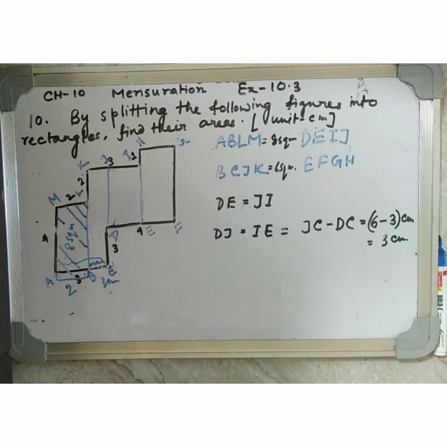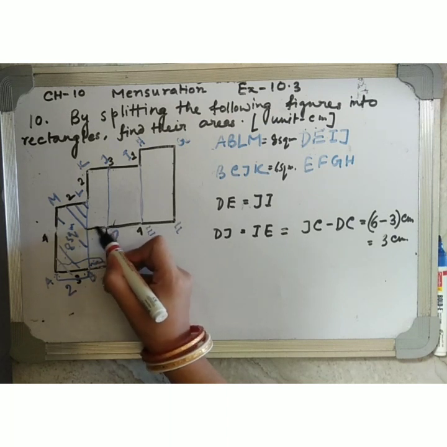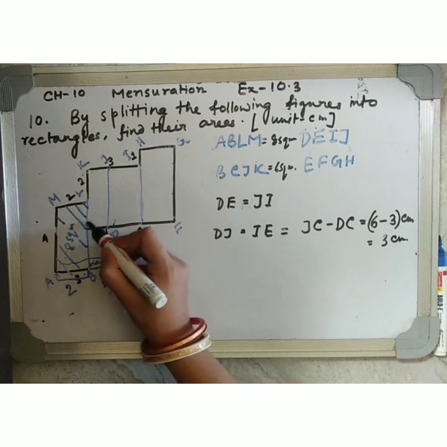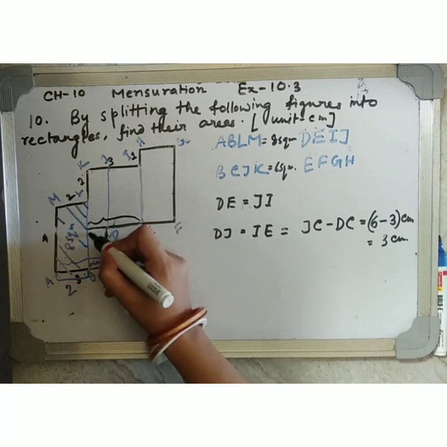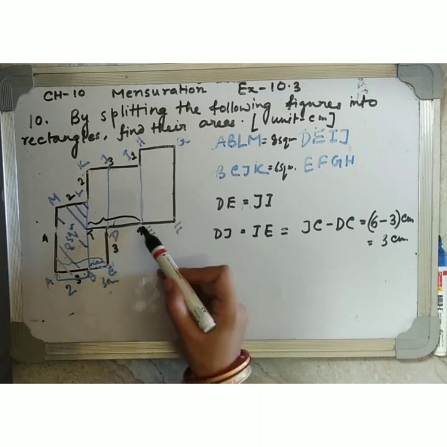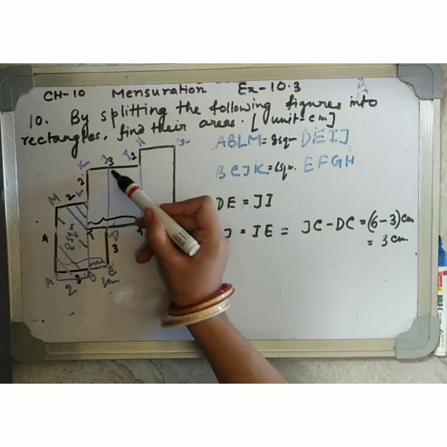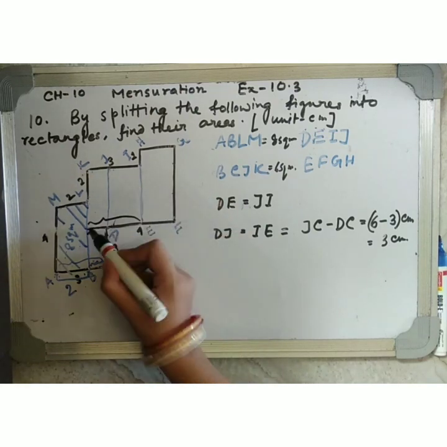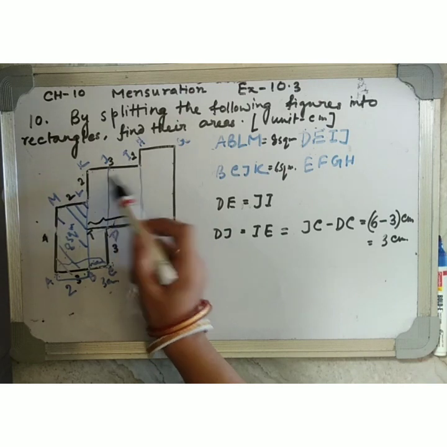Now see, here we can draw a small part. Okay, if we just draw this part, then this line, suppose I am giving it a name T. Now TE will be equal to 3 centimeter because TE is of same length of KI.